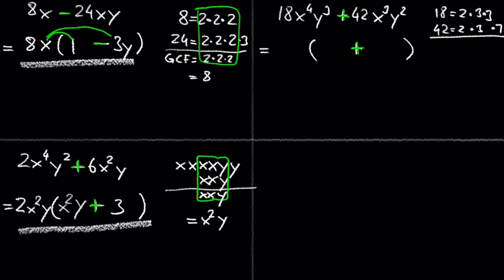Common factors are 2 and 3, which is 6. So the GCF of 18 and 42 is 6.